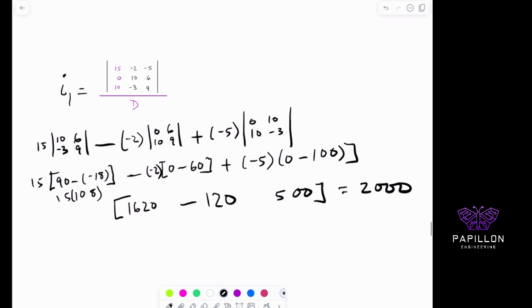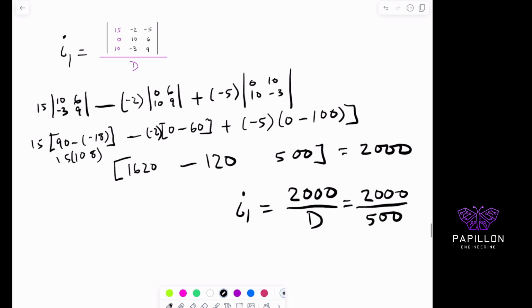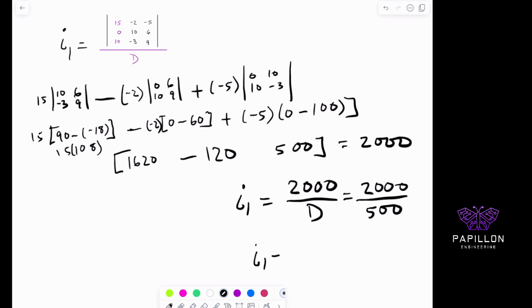Okay. So in order to solve for I1, I1 is going to equal 2000 over D, where D equals 500. So therefore I1 equals 2000 over 500, which gives you back 4 amps.